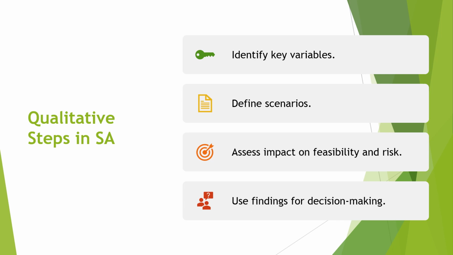It's essential to also factor in external influences such as regulatory changes and market trends. Decision makers leverage these insights to adjust project parameters, assess risk mitigation strategies, or determine the viability of the investment based on identified risks and opportunities.